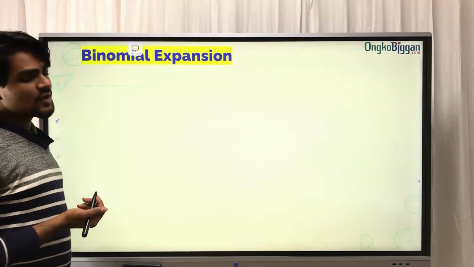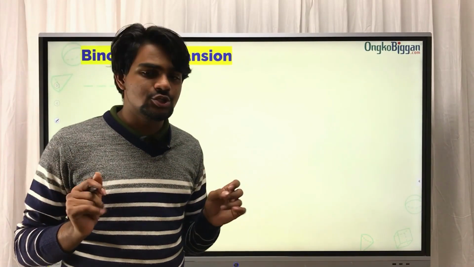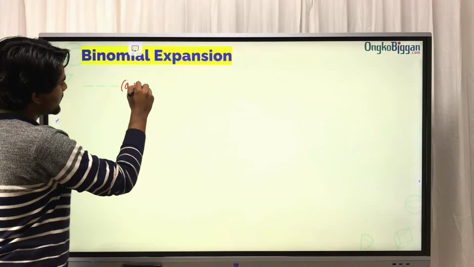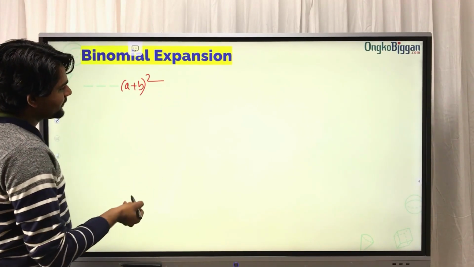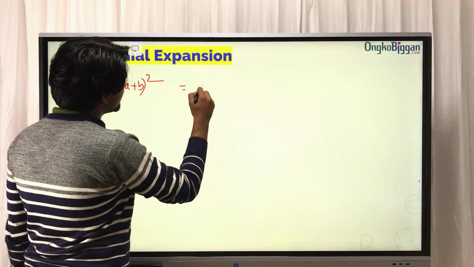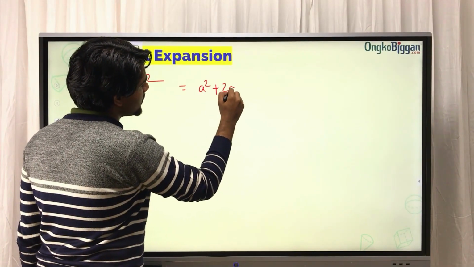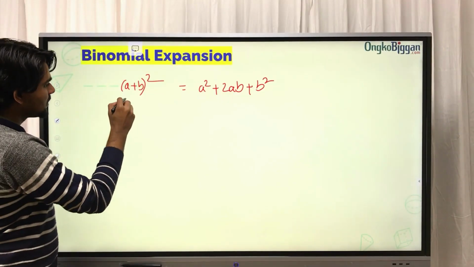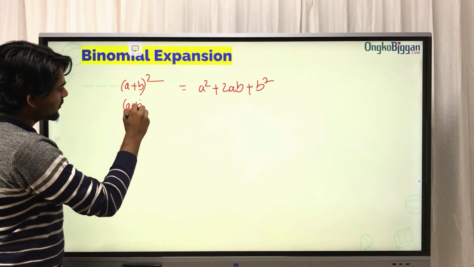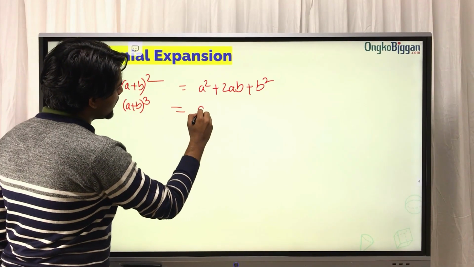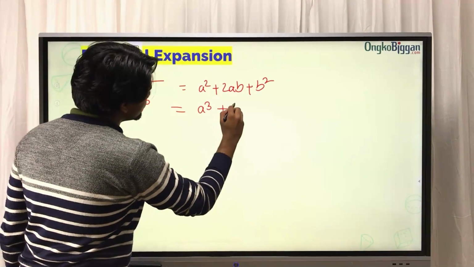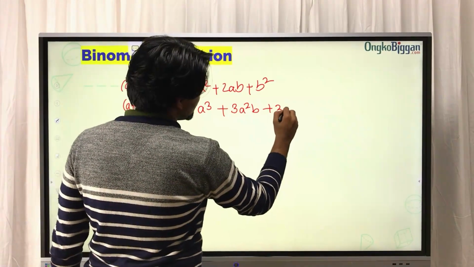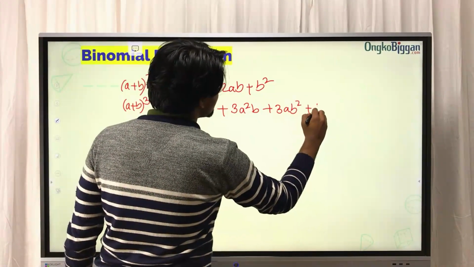Let's try to find a pattern in binomial expansion. Let us take a plus b whole square. We get a square plus 2ab plus b square, as I showed you before. We also take a plus b whole cube. We get a cube plus 3a square b plus 3ab square plus b cube.